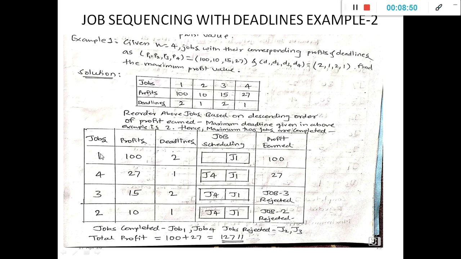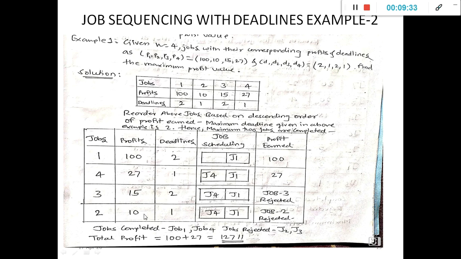First check job 1 and its deadline is 2. Then put job J1 into slot 2, and when J1 completes its execution, we will earn a profit of 100. Then consider the next job 4, and its deadline is 1. Put job 4 into slot 1, and when you complete the execution of job J4, you will earn profit 27. Then for job 3, there is no free slot available, hence job 3 is rejected.